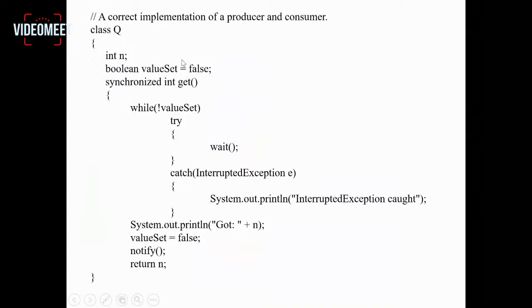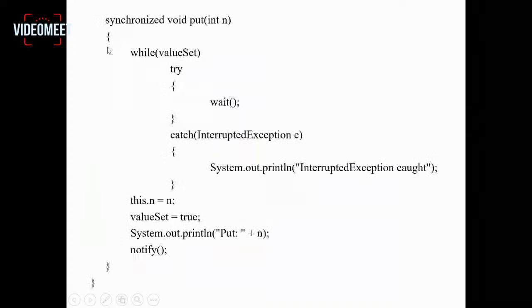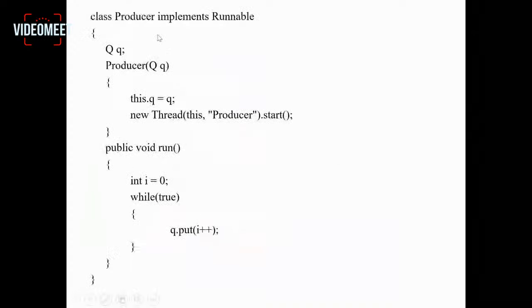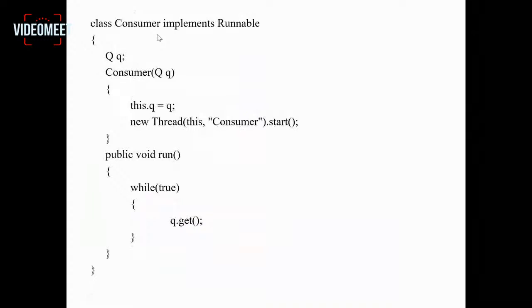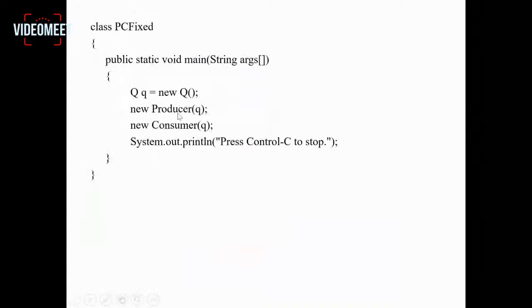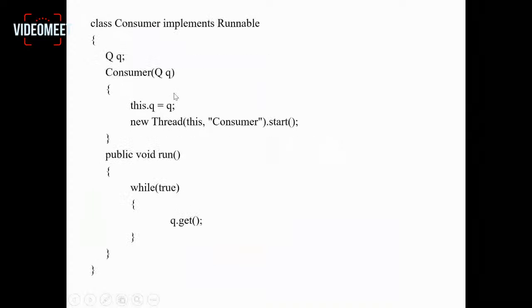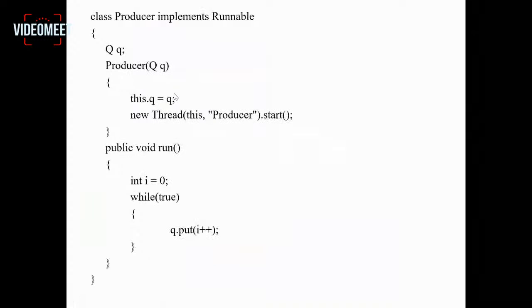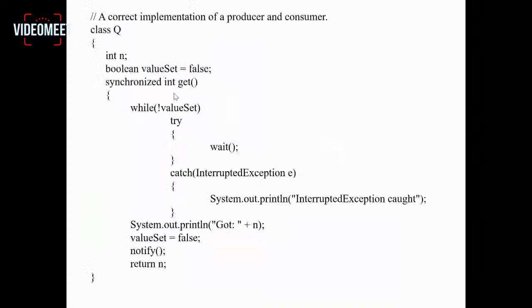We'll have the same class Q, and also a producer class which implements Runnable, and a consumer class which implements Runnable, and the PC class is now modified to PCFixed, right? The program is almost the same, except we'll make small changes using the wait and notify methods, and additionally we'll create a boolean variable valueSet.